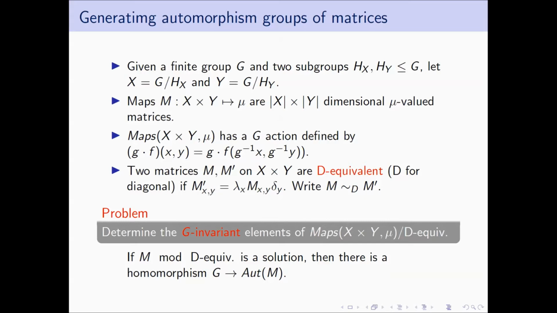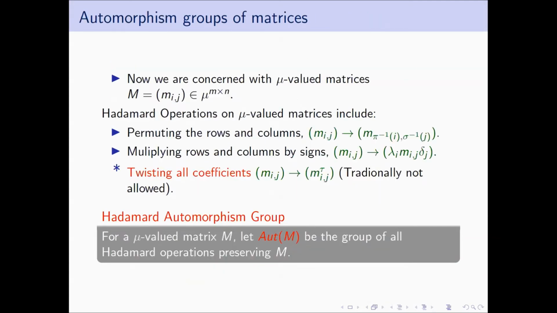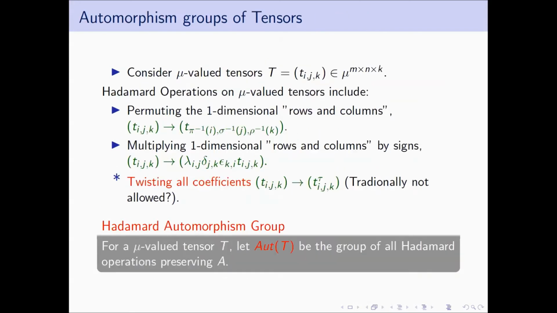This stands for the permutation. This stands for the twist, what Asaf calls the twist. And there is also the multiplication by signs. And two matrices like that are called D-equivalent if they only differ by signs. Okay, and now we can go the right direction.